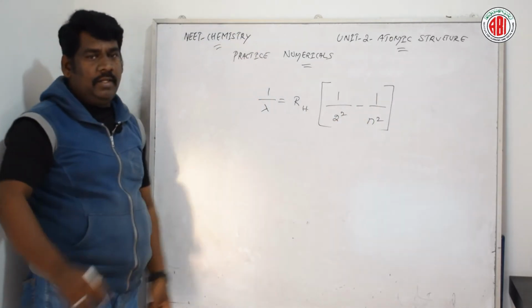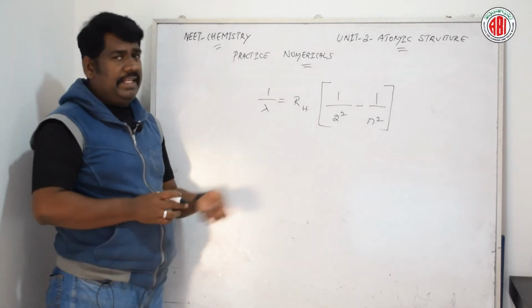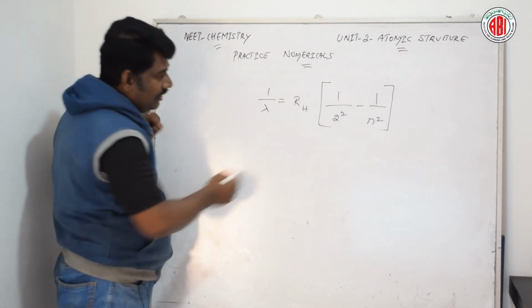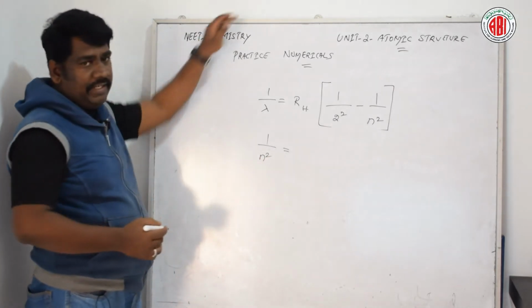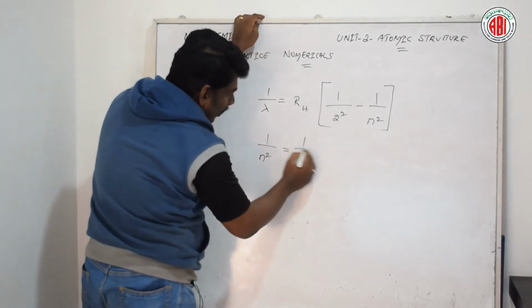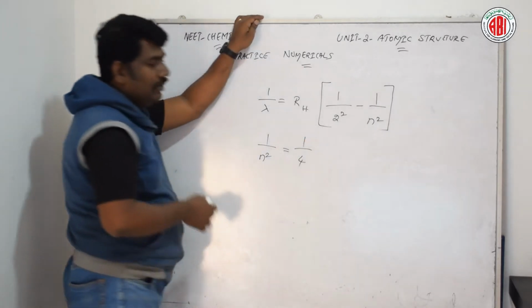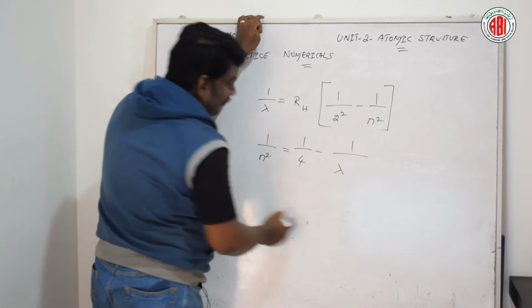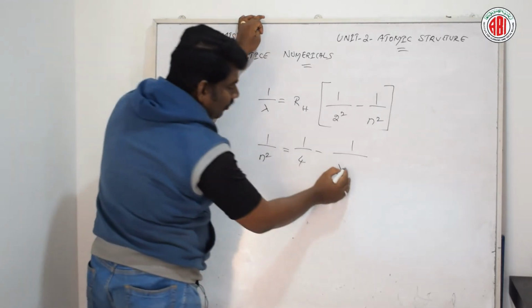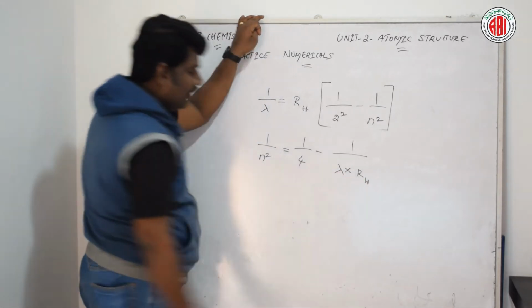Now we rearrange the formula, bringing 1 by n square to one side and the rest of the values to the other side. That is 1 by 2 squared, which is 1 by 4, minus 1 by lambda into the Rydberg constant value.